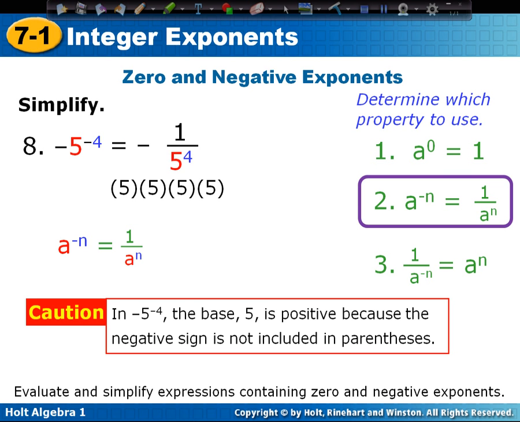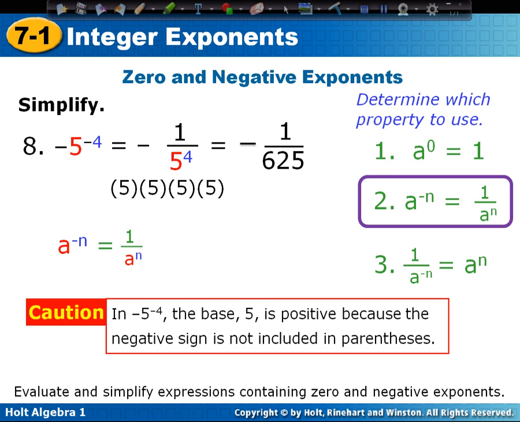So we're going to keep that negative out in front, and then we're just going to say 1 over 5 to the 4th power. Again, the negative is staying out front and not going with the 5 because there's not parentheses around the negative. So the negative is not being taken to the 4th power. So you see it out here. Then we're going to finish up by just saying 5 to the 4th power is 5 times 5 times 5 times 5.